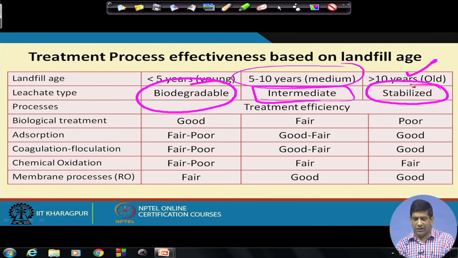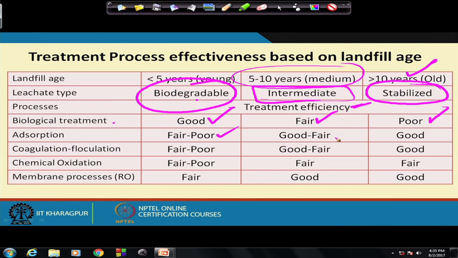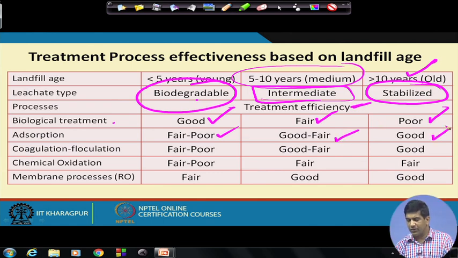In terms of treatment efficiency for the different types, for biological treatment, since we have biodegradable material in young leachate, it's good, then fair, and then poor because we don't have much biodegradation left. So biological treatment is not going to work for old leachate. For adsorption, since things build up, initially it's fair to poor, then good to fair, and then good because it's a matured, stabilized landfill.